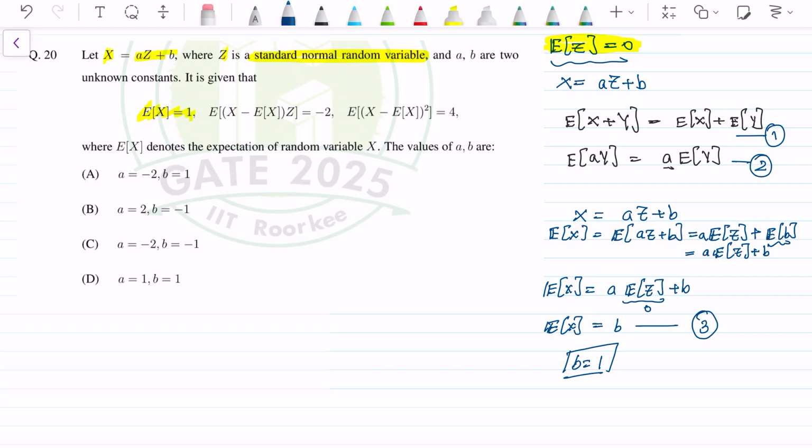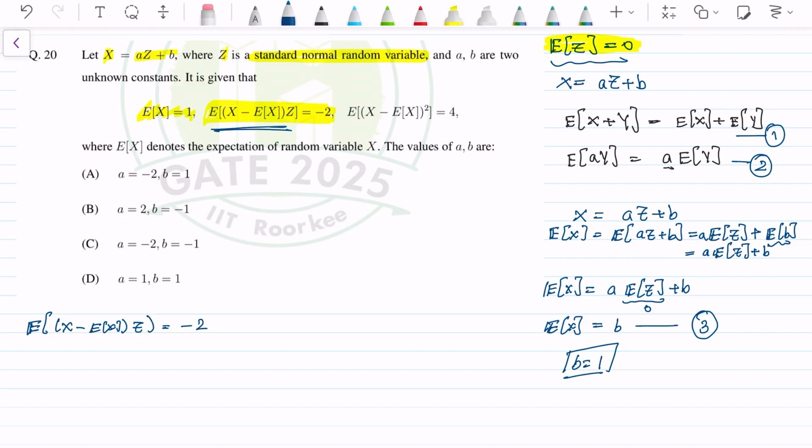Alright, now let's look at other two expressions which are given in the question. So now we'll focus on the highlighted second expression, and let's rewrite it. What we have given is expectation of (x minus expectation of x) into z is equal to -2.